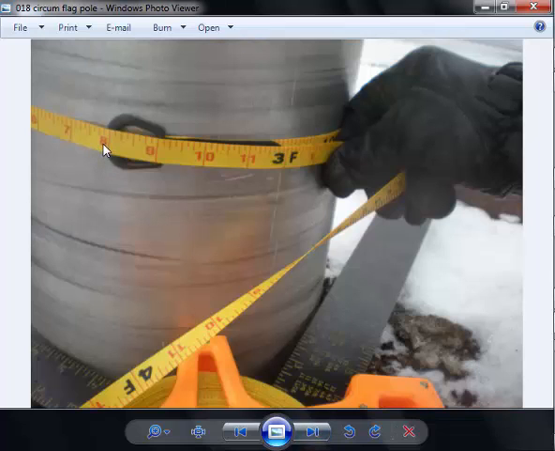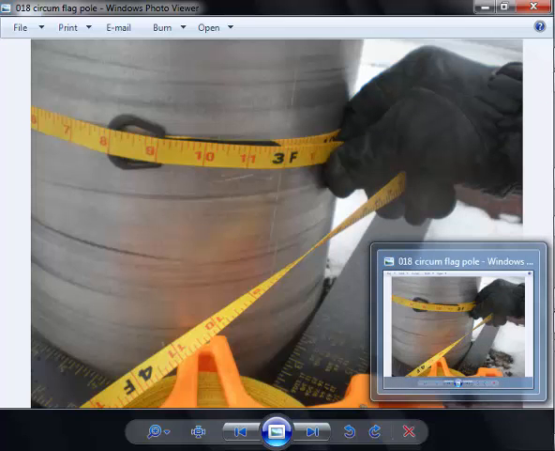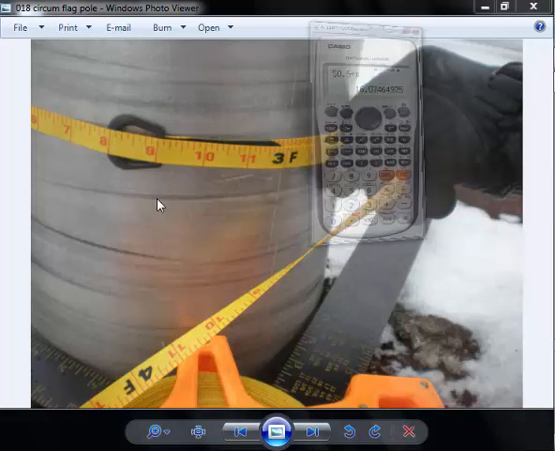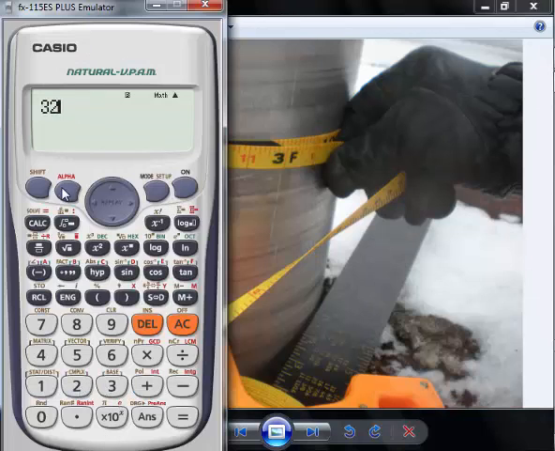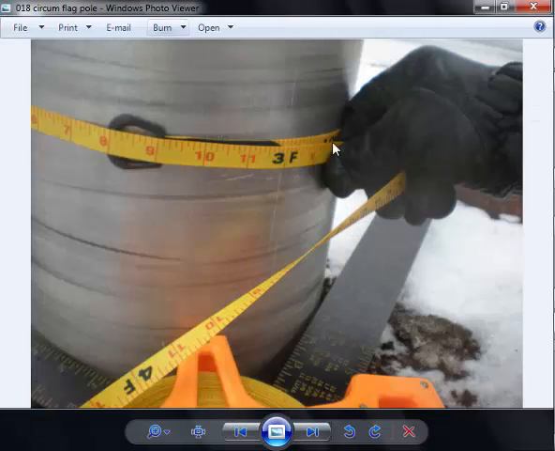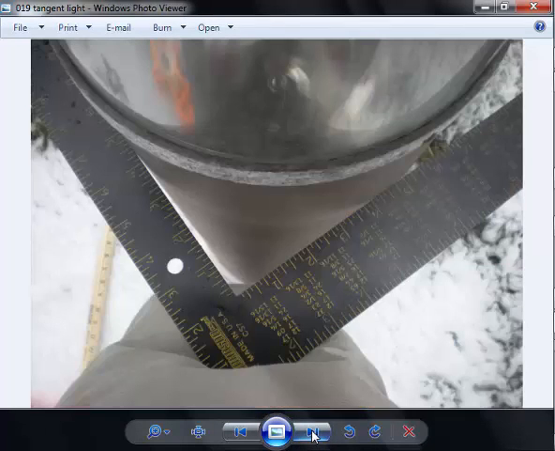At this point, which is a little bit above the bottom, it's 2 feet 8 inches, which is 32 inches. So if we take 32 divided by pi, we get 10 inches, and so I guess that's about what it was at the beginning, wasn't it? So it hasn't shrunk too much that high up.